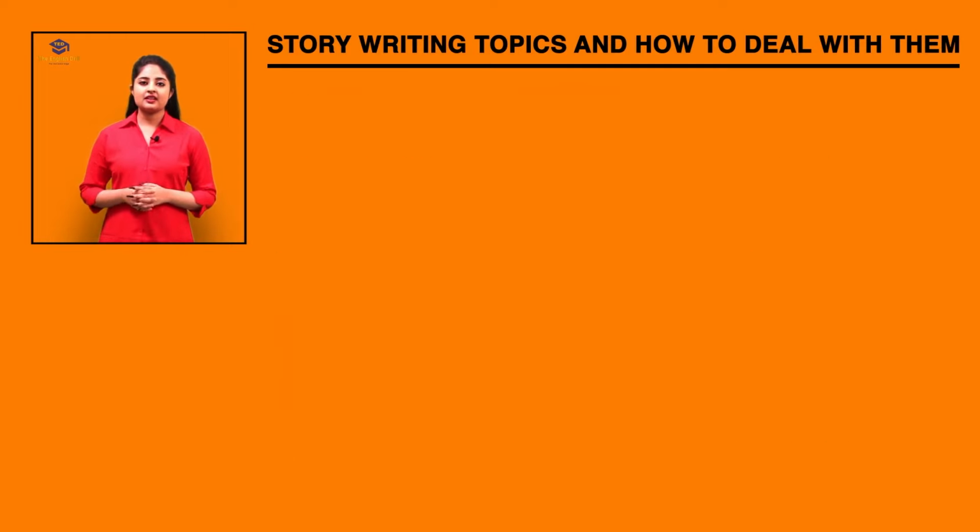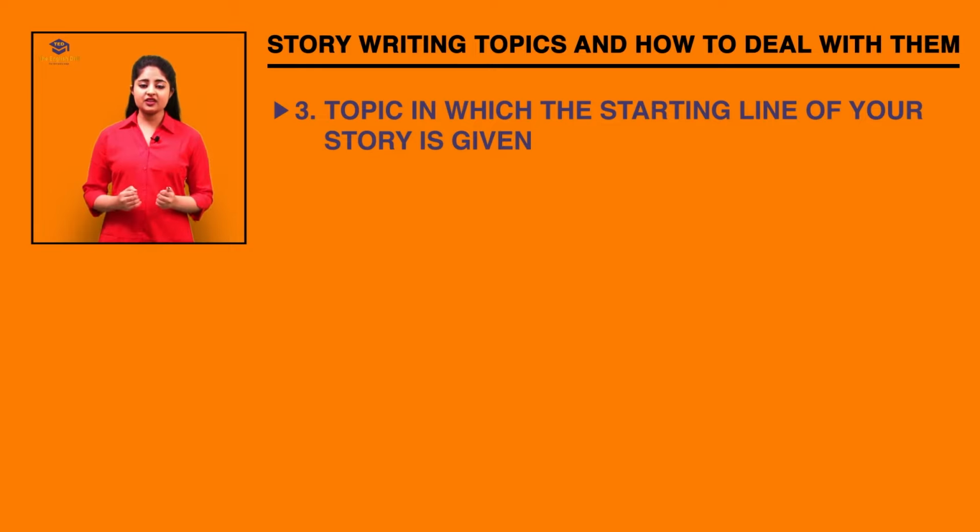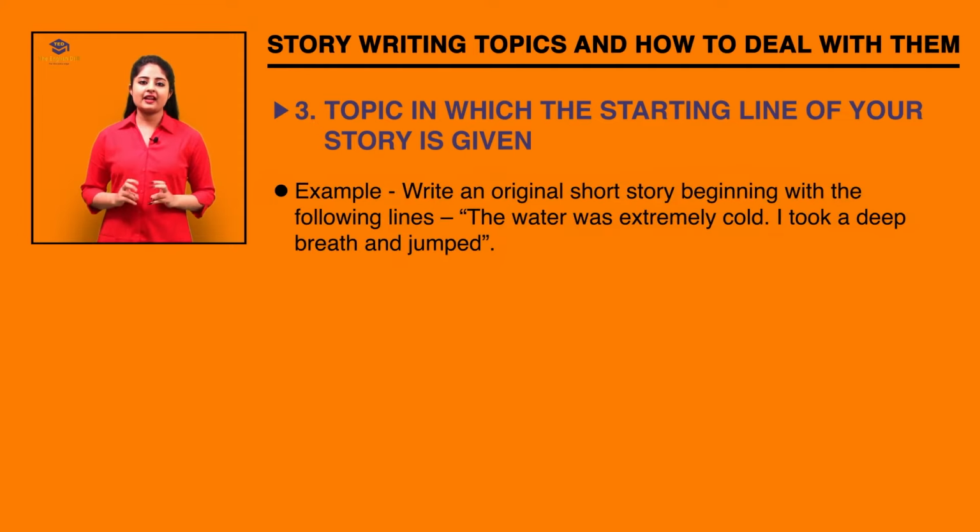Number 3, a topic in which the starting line of your story is given. For example, a topic like write an original short story beginning with the following lines, and then within inverted commas, "The water was extremely cold.